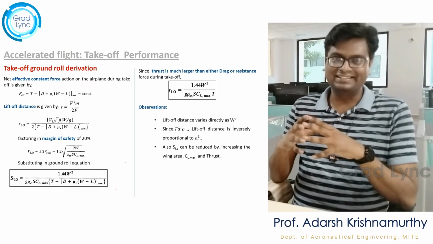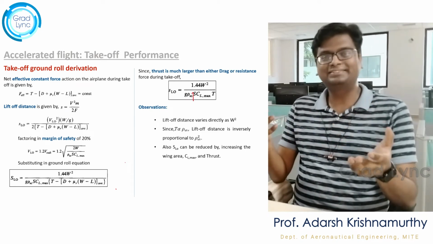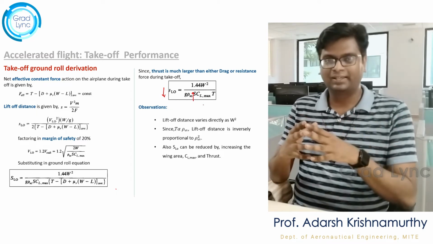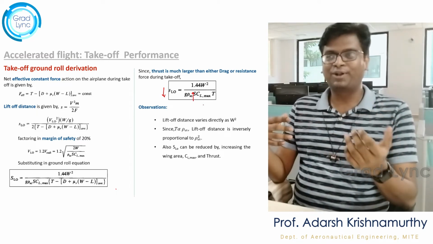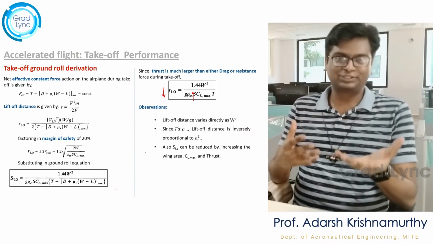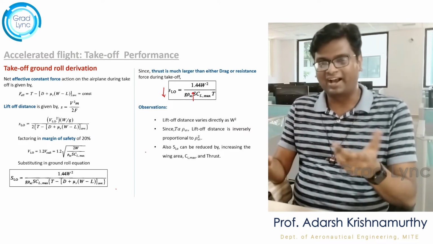Let's take two airports, one in Switzerland and the other in Dubai. One is extremely cold, the other one is extremely hot. Where it is cold, the density is very high.